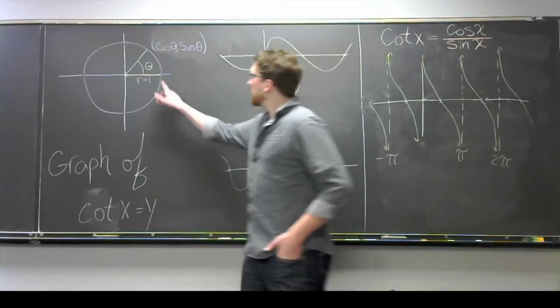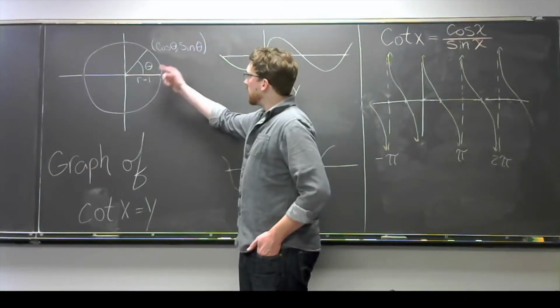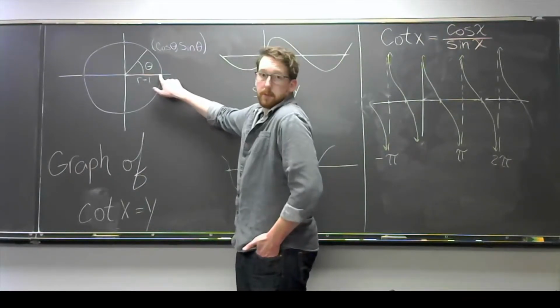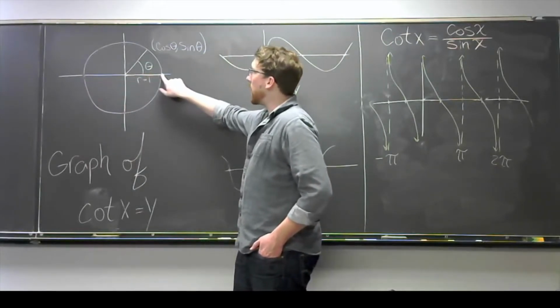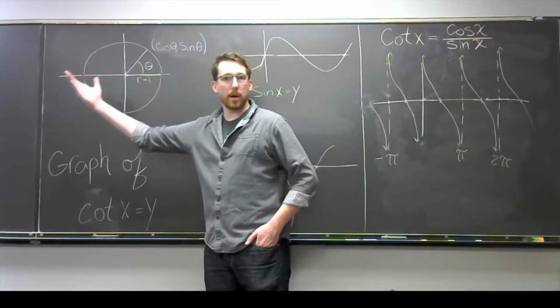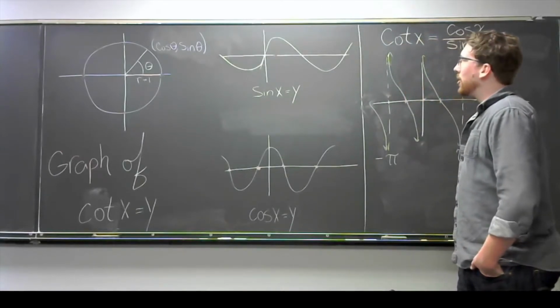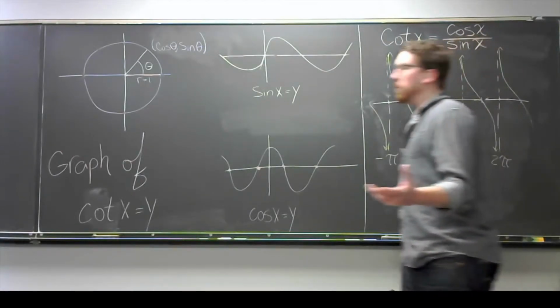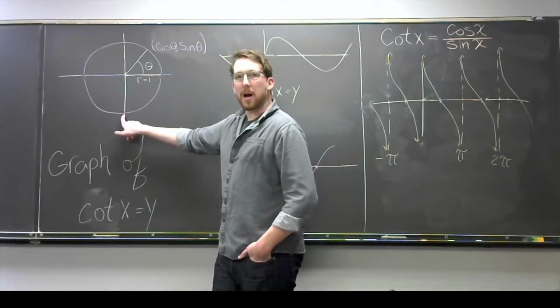Because it corresponds to where sine would be 0. Sine's 0 at 0, pi, 2 pi, 3 pi, 4 pi, and so forth and so on forever, right? Similarly, cosine is 0 at odd multiples of pi over 2.